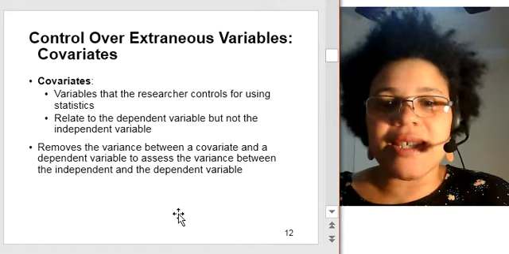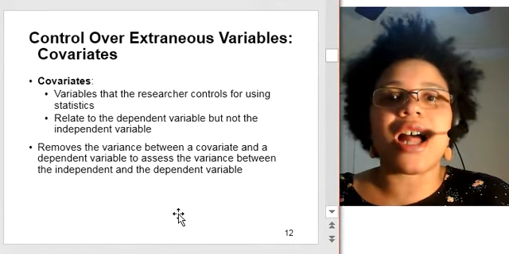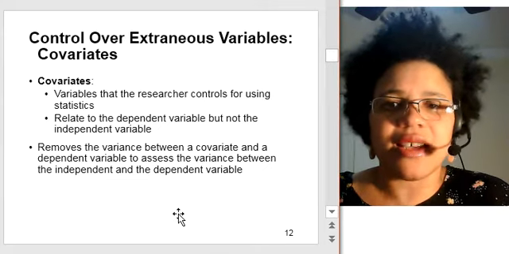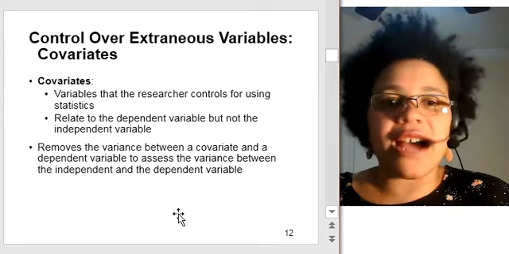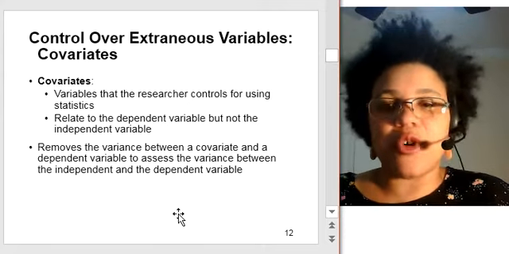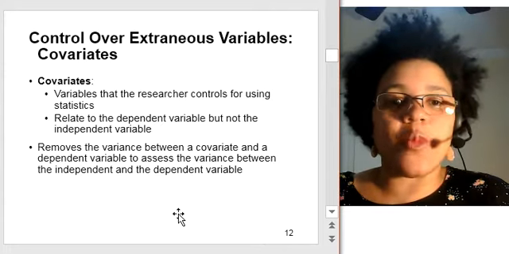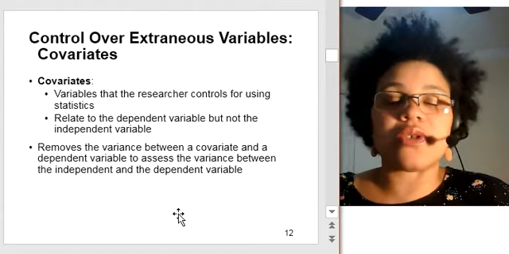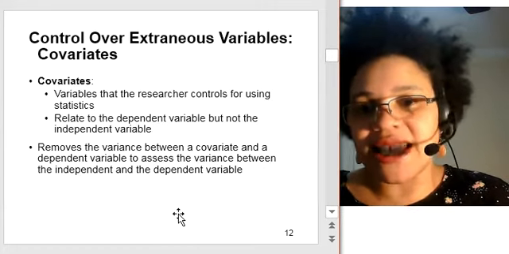And let's say I have a whole lot of kids who test as gifted in my second period class. I might want to control for giftedness in my study, or identify giftedness, because if they test as gifted, that might affect their scores at the end of whatever biology unit I'm teaching.